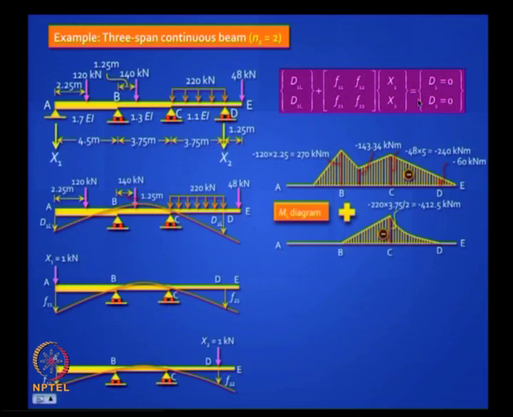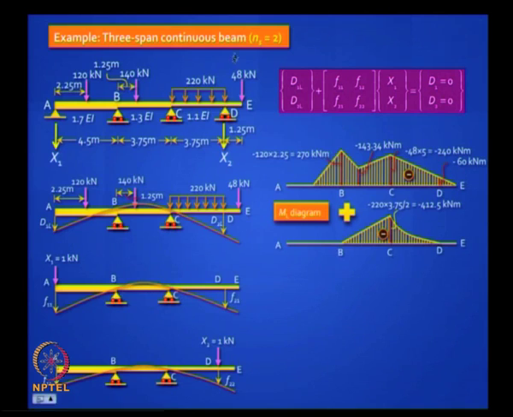Now the problem with this beam is you have a bending moment diagram which is made up of not only straight lines, which are easy to handle, but you also have a parabola coming into play. So it may be convenient to split it into 2 for the purpose of calculation. Here I have done that.